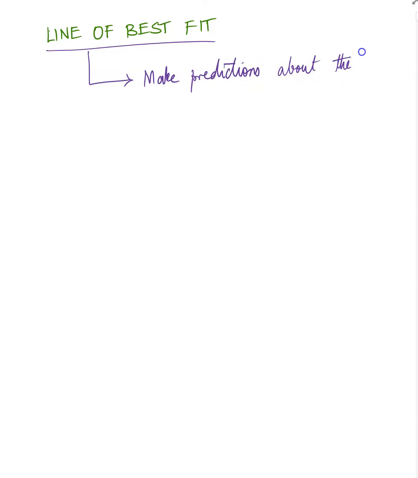Now let's talk about line of best fit. The purpose of getting the equation is to help us to make predictions. Okay, so the purpose is to make predictions about the data set, for missing values. And we have two types of prediction.